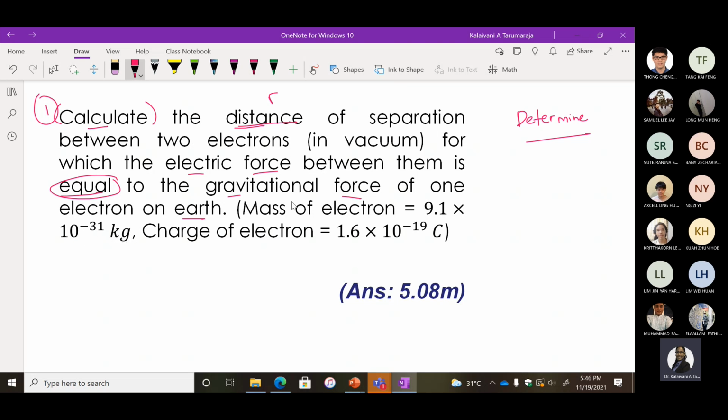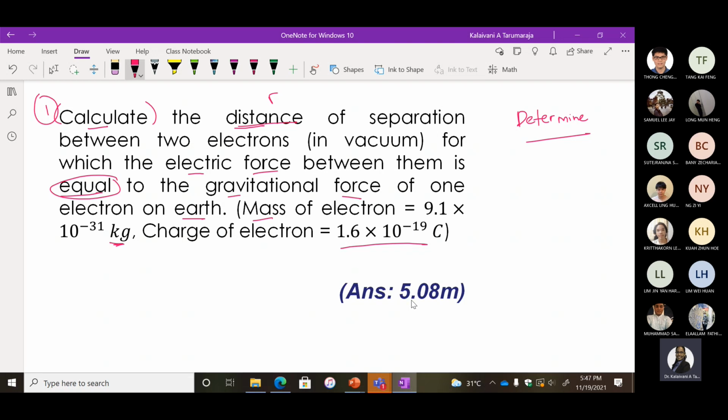This is the mass of the electron, given in kilograms. And the next one, the charge of the electron, the specific value given is 1.6 times 10 power minus 19 C.